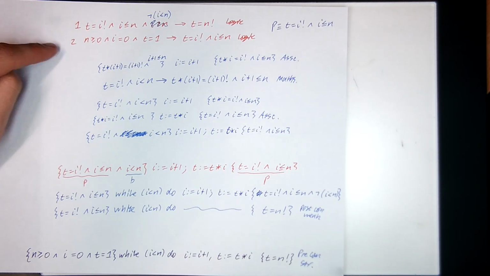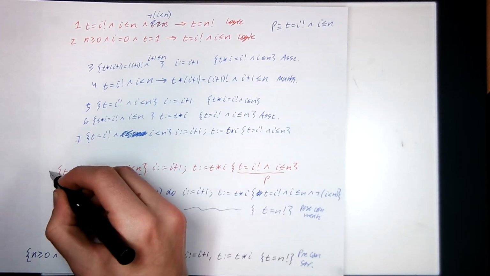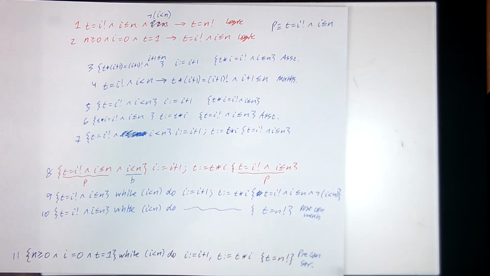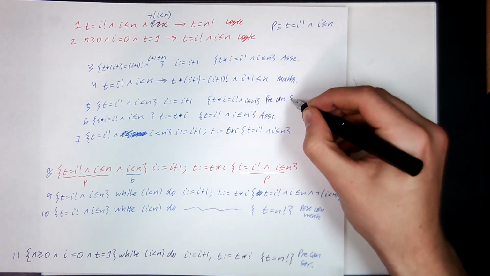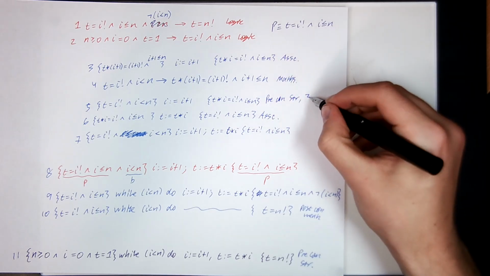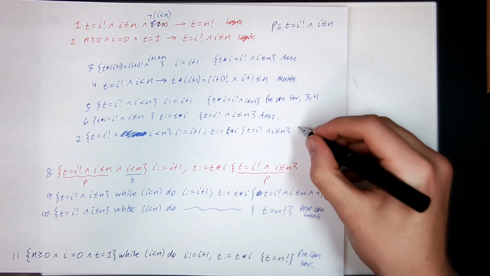So that was logic, that was logic. 3, 4, 5, 6, 7, 8, 9, 10, 11. So this was precondition strengthening by lines 3 and 4. That was assignment. What in God's name was this? This was sequencing.